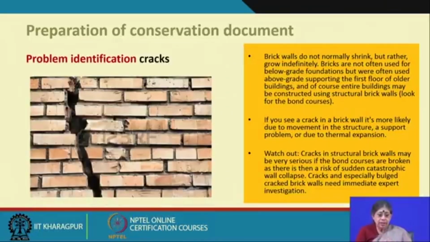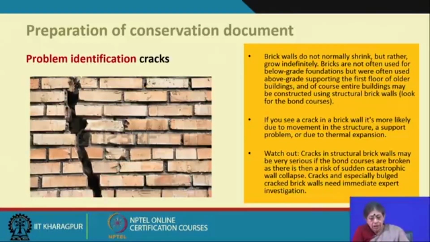As I say, the crack is a major thing, like brick walls do not normally shrink, but rather they expand. So, if in a brick wall the crack is happening like this, what we are seeing in the picture, then it is more likely due to movement in the structure, a support problem, or thermal expansion.